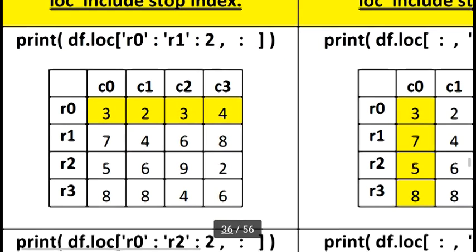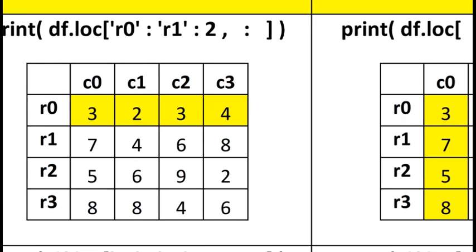Okay, suppose here I am writing df.loc[r0:r1:2]. Colon 2 means start from r0 and after r0 I want to not go one by one. So you can see, here r1 is included, but the statement only returns the r0 row, 3, 2, 3, 4.